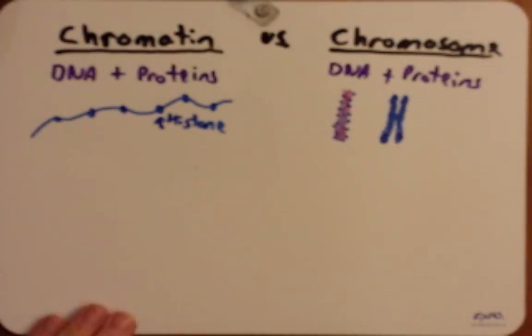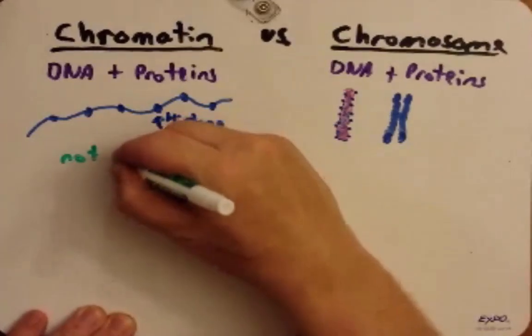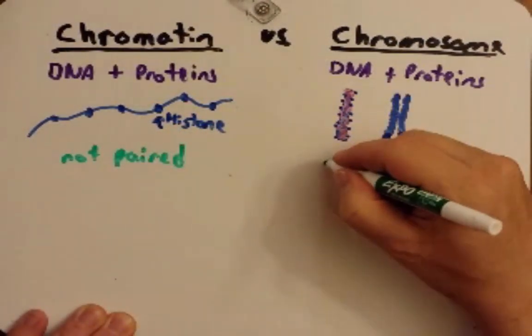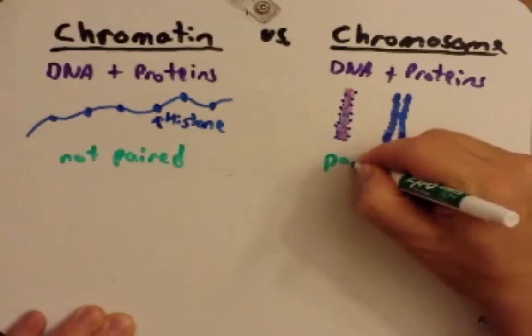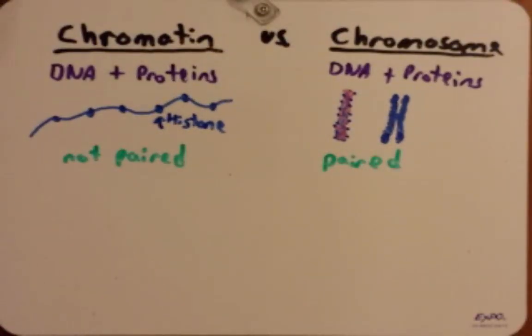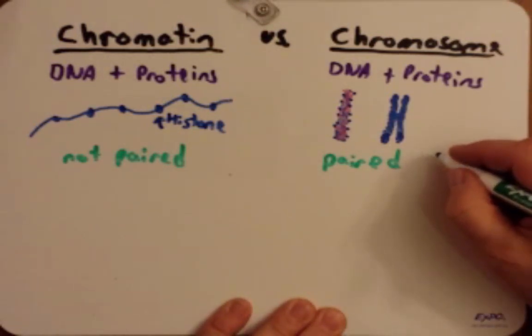Another difference is that chromatin is not paired, and chromosomes are paired. We haven't talked about mitosis or meiosis yet, but you might recall from an earlier class, perhaps introductory biology, that in eukaryotes, like humans, we have many chromosomes.